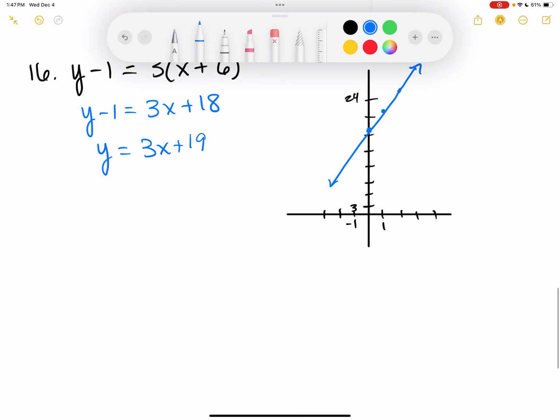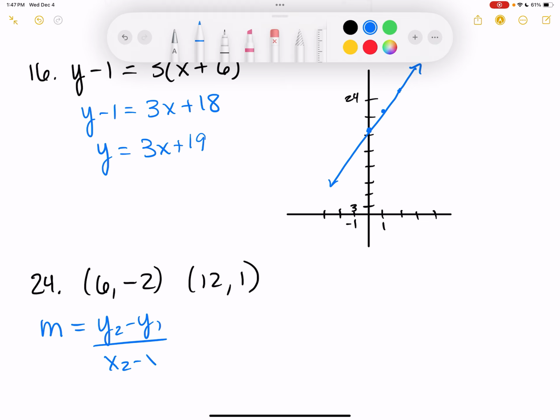So 24, I've got 6 and -2 and 12, 1. So how do I find slope? Should be experts at finding slope by this point. M equals y2 minus y1 over x2 minus x1.